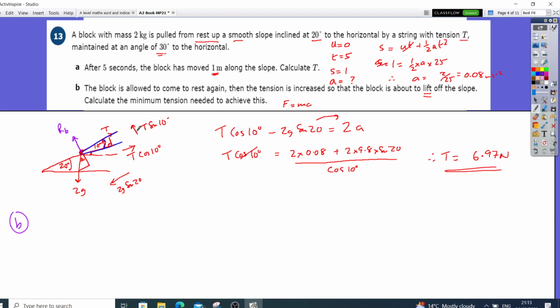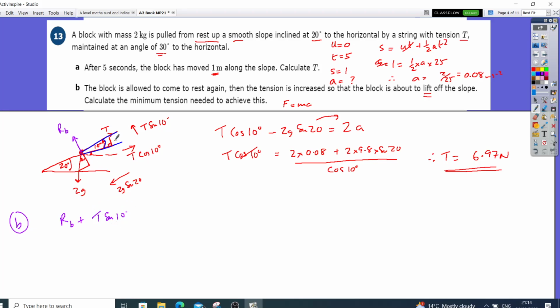Now this tension is also acting up here, so what I've got is the reaction of the block plus, because this tension is going up with this, T sine 10 degrees. Because earlier on I said this tension acts along the slope and then perpendicular to it, so you need to get each component there. So once we've got those, we can say that is the case.